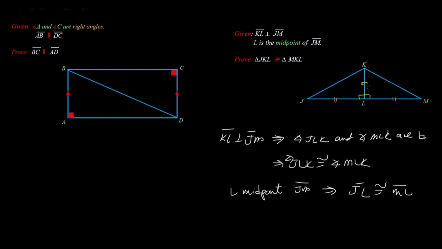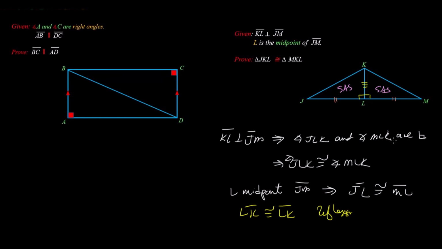And then this side is congruent to itself: segment LK is congruent to segment LK because of reflexive property. And there you have your proof that has side angle side. And by side angle side, the two triangles are congruent.